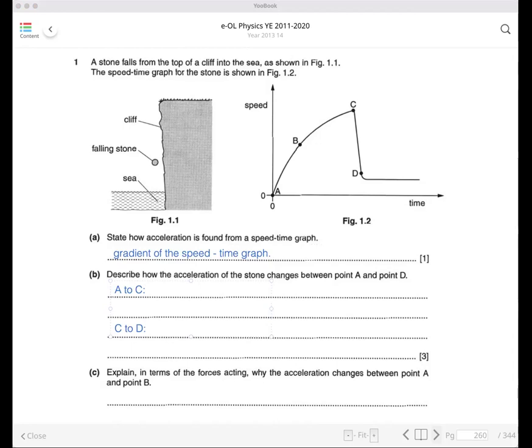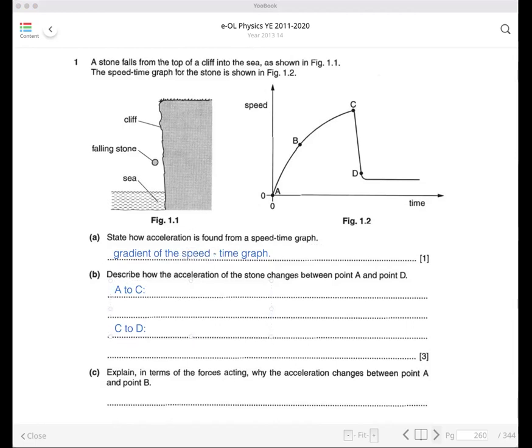Okay, Yuting, there's a few things I want you to learn from this. When your acceleration is going, can you see here the gradient is positive, right? You just say that the acceleration is positive. It means that the speed is increasing. I try not to use the word deceleration because it can be confusing.